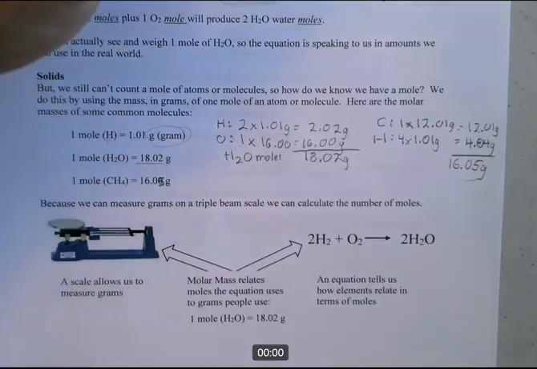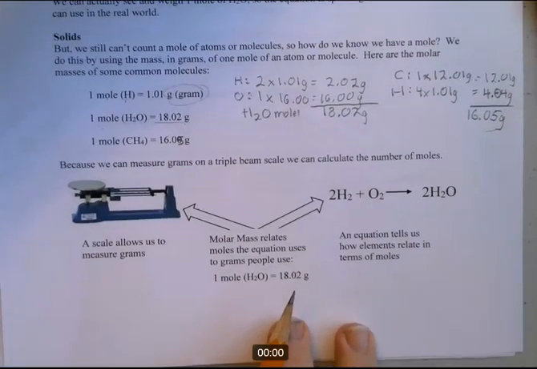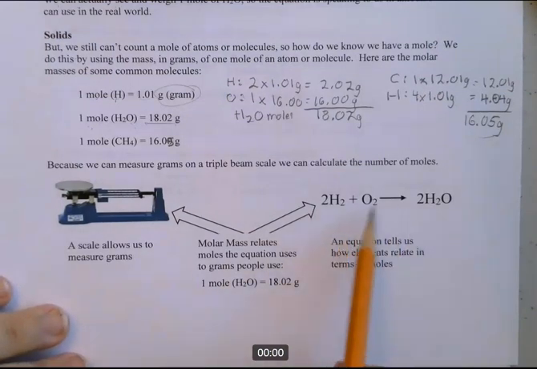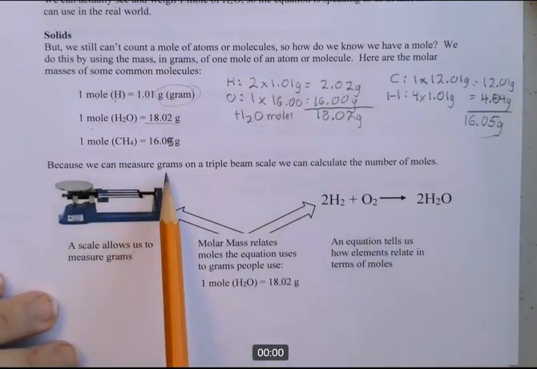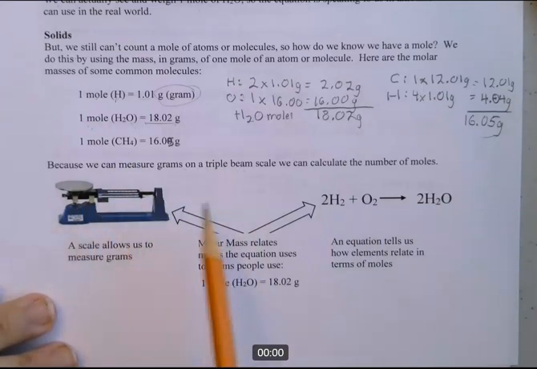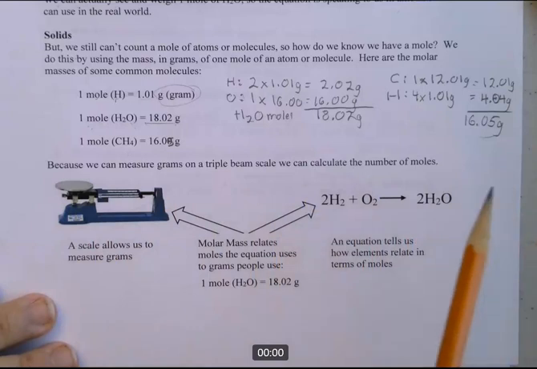So we see that there's a way to convert between grams, which is something we can measure in a laboratory, and moles, which is something we need to use a chemical equation like this. This little diagram is meant to illustrate that. Because we can measure grams on a triple beam scale, or triple beam balance, we can calculate the number of moles.